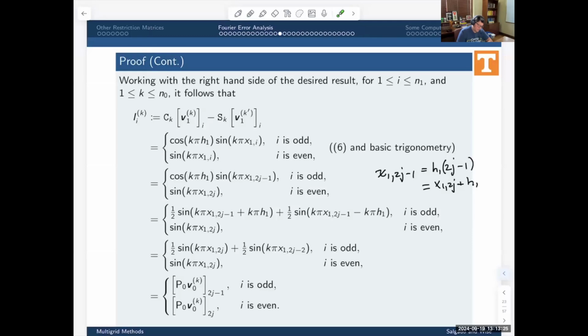And then I realized that, through some further simplification of trigonometric identities, this line becomes 1/2 sine k pi x1 at 2j and 1/2 sine k pi x1 at 2j minus 2. The important thing here is that this has a 1 in front of it, and this has two 1/2 coefficients in front of it.